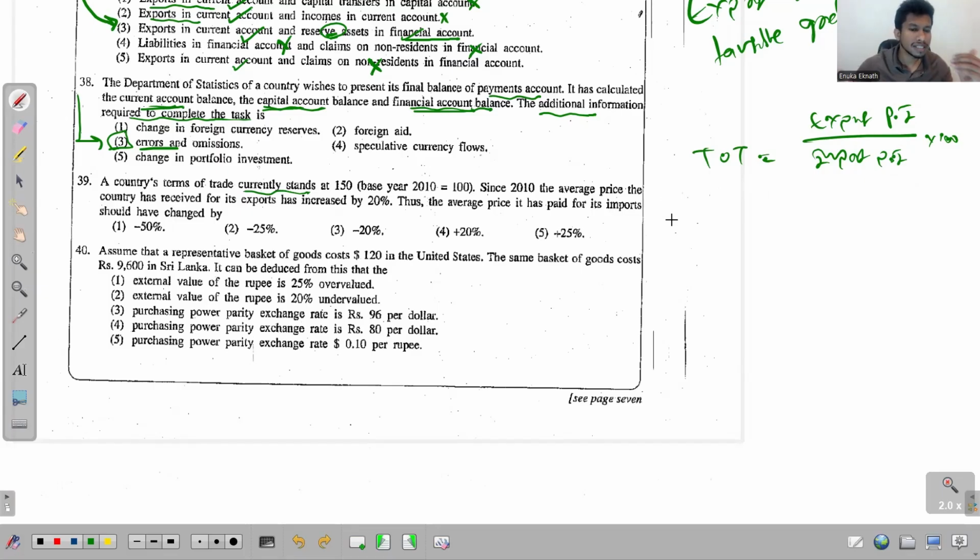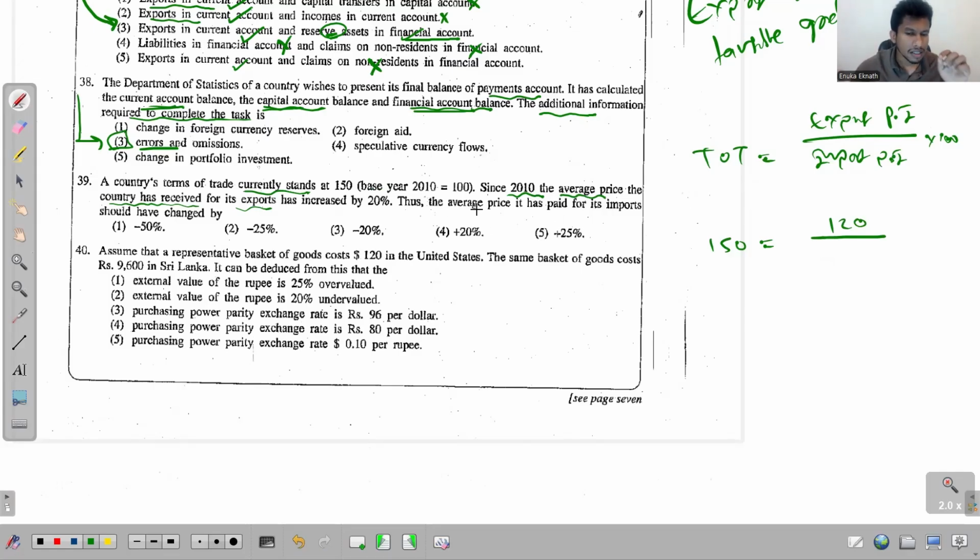So terms of trade stands at the level 150, and be careful. Since 2010, the average price that country has received for its exports has increased by 20%. See that now. The average price that country has received for its exports has increased by 20%. Now it stands at the value 120.